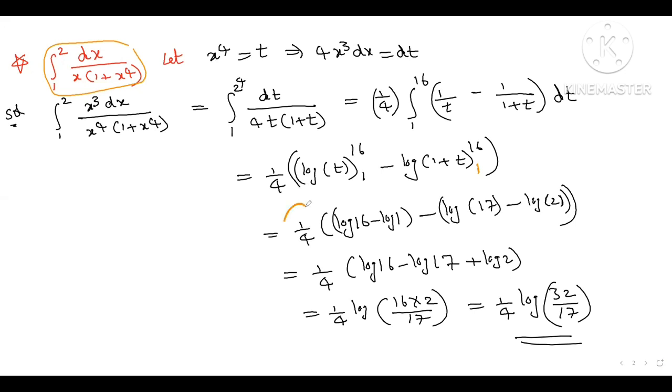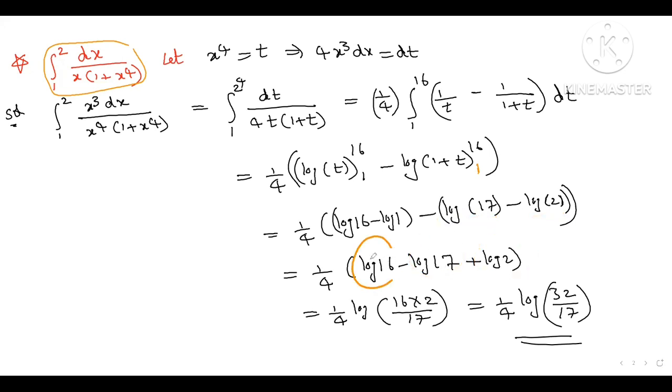Okay, right? 1 by 4 into: in the place of t, write the upper limit, minus, in the place of t, write the lower limit, log 1. Same here also: 1 plus 16 is 17, minus 1 plus 1 is 2. So 1 by 4 times, log 1 value is 0, log 16, minus, multiplied all here, minus log 17 plus log 2.